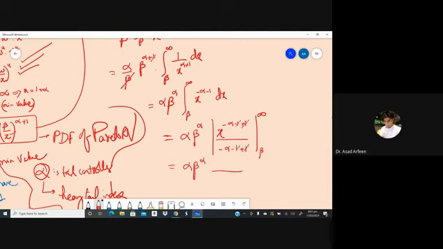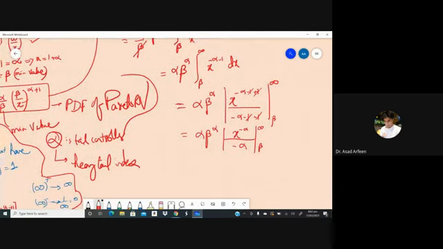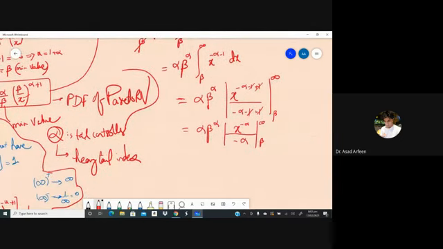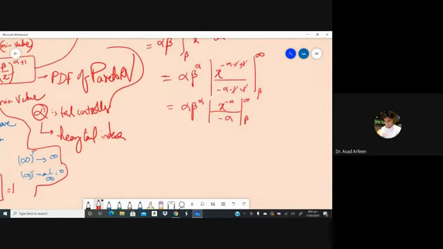this cancels, this cancels, this is x to the power minus alpha, and then this is minus 1, and this is minus alpha. So what should we do now? You can extract minus alpha from the limit.